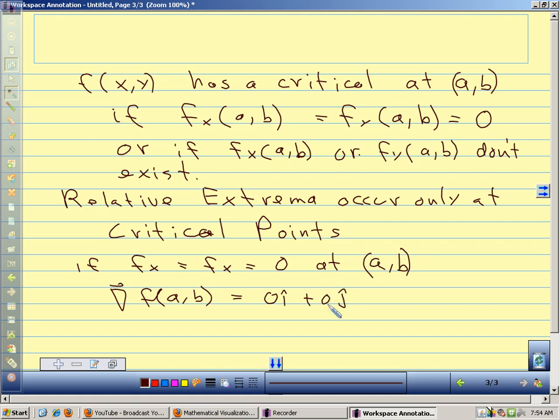So every directional derivative at (a, b) is 0. And so that tells us that our tangent plane at (a, b) is horizontal.